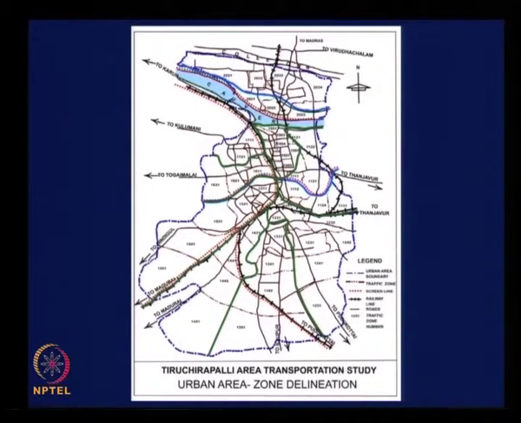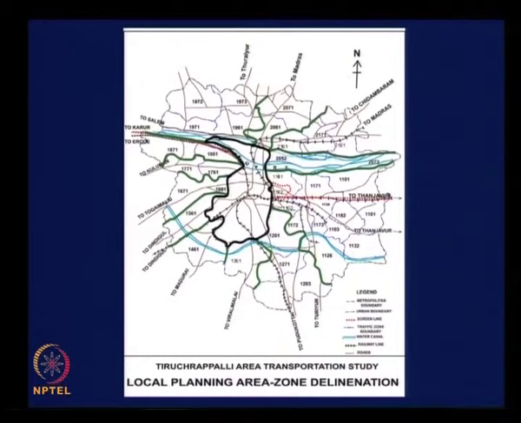and this boundary should extend over the peripheral area, because your external cordon line is beyond this urban area, this is only urban area, and when you extend this sectoral division to the rest of the planning area, the extension is like this. You see, this is the extension of this sector division, this is the urban area, you can just recognize from the shape.